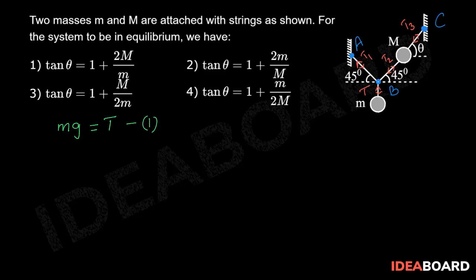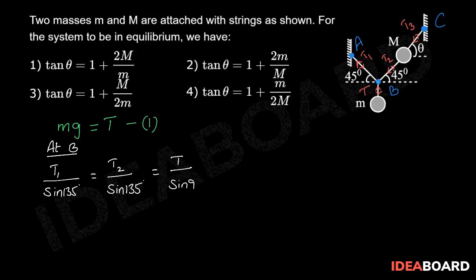Now let us apply Lami's theorem at point B. T1 upon sin 135 degrees equals to T2 upon sin 135 degrees is equal to T upon sin 90 degrees.